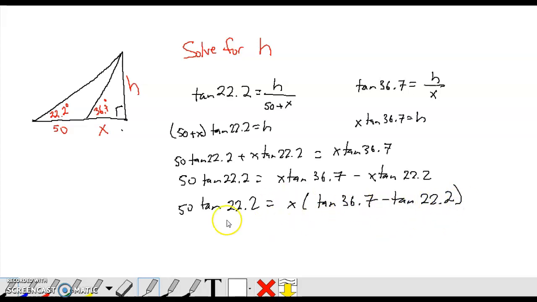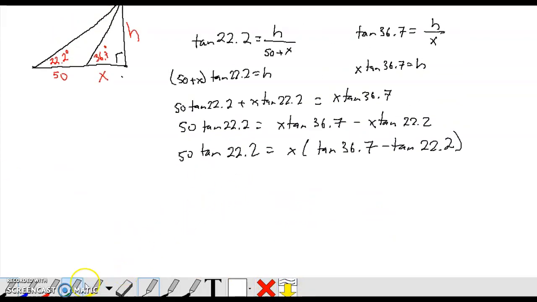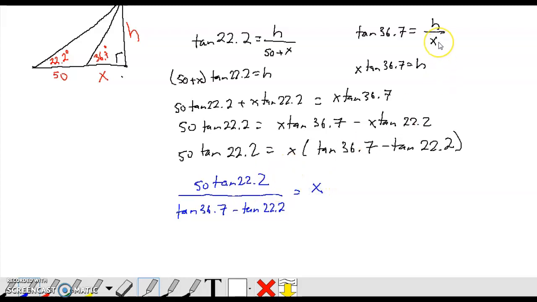And I'm going to go ahead and divide everything. So for my final answer, I'll have tan 22.2, multiplied by 50, divided by whatever tangent of 36.7 minus the tangent of 22.2 is. And that will give me my x. And once I know my x, I can plug it in for my h. So, whew, a lot of work.